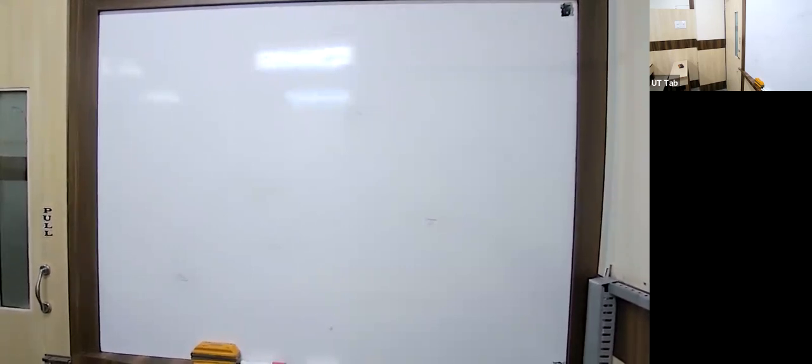What is alpha plus beta? Minus 20 by 5, which is minus 4. Verify. What is alpha into beta? c by a, 0 by 5, 0. Yes, understood?